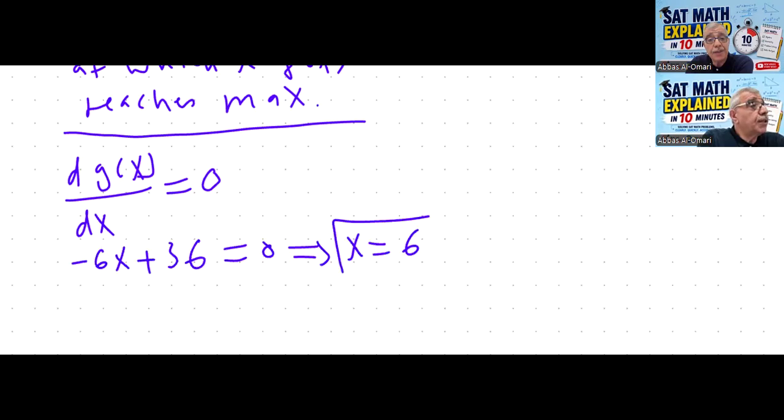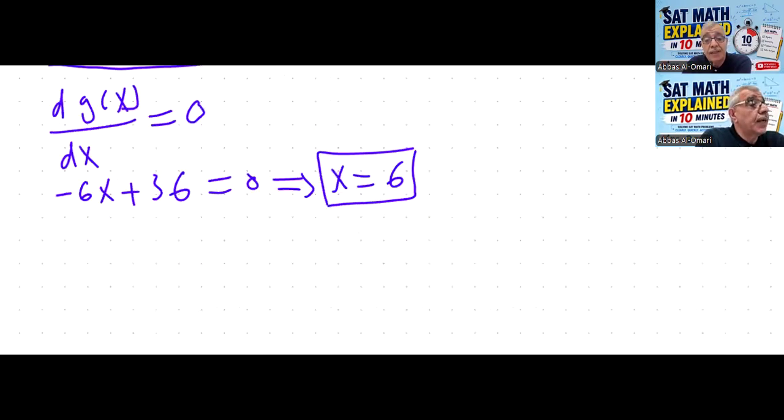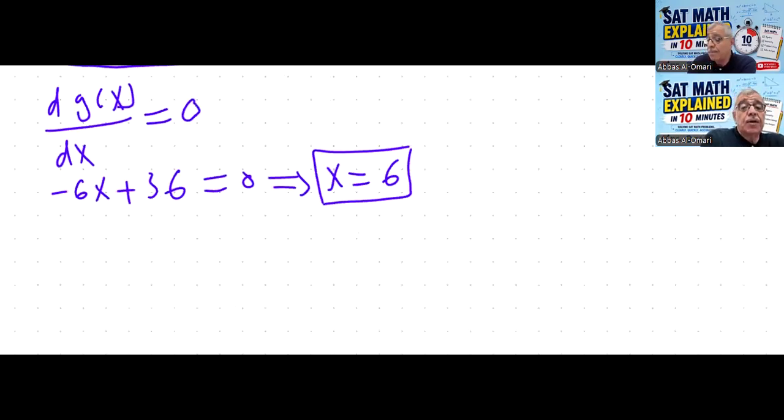Now we still have to check the second derivative, but to save time, since the question does not really ask for checking, we know that the maximum of g of x occurs at x equal to 6. So from the relationship between f of x and g of x, the maximum of f of x occurs at x equals 8.